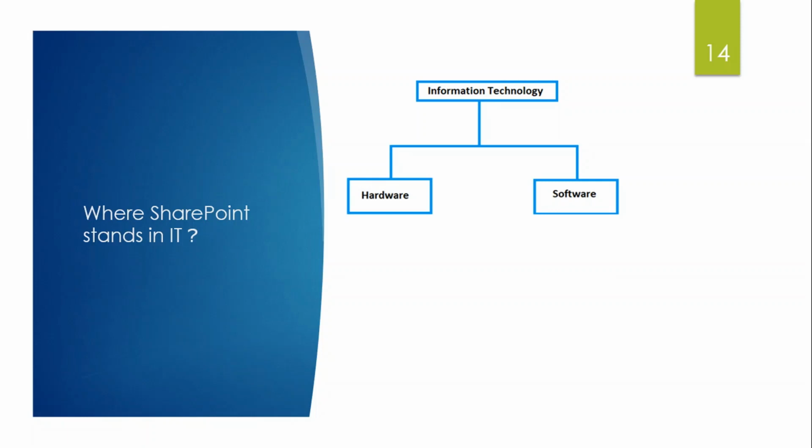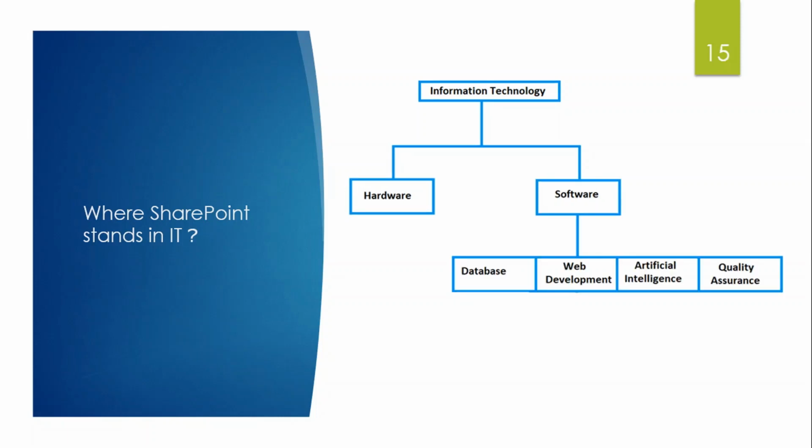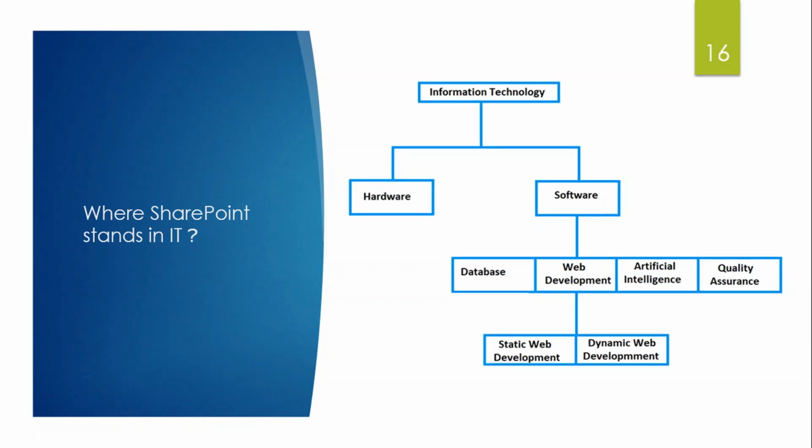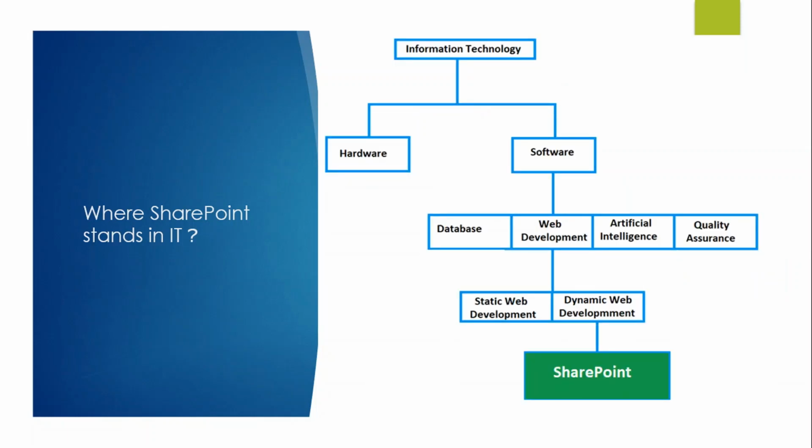Software has many branches, but we will only discuss a few over here: database, web development, artificial intelligence, quality assurance. Web development could be divided further into two branches, static web development and dynamic web development. SharePoint comes under the dynamic web development area.